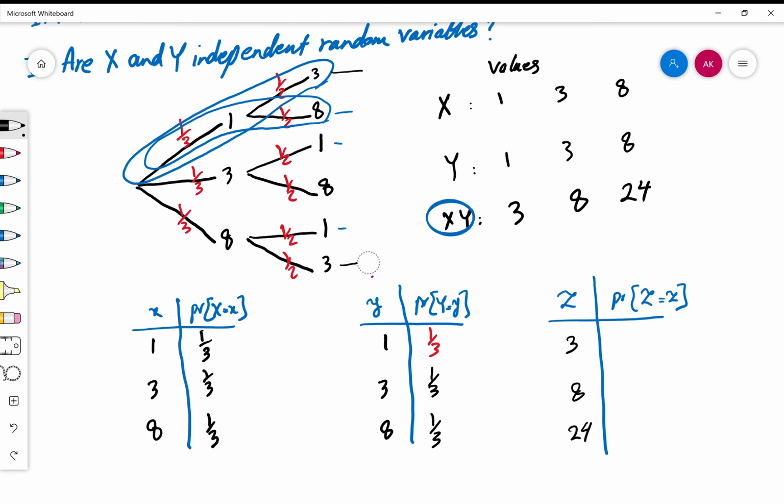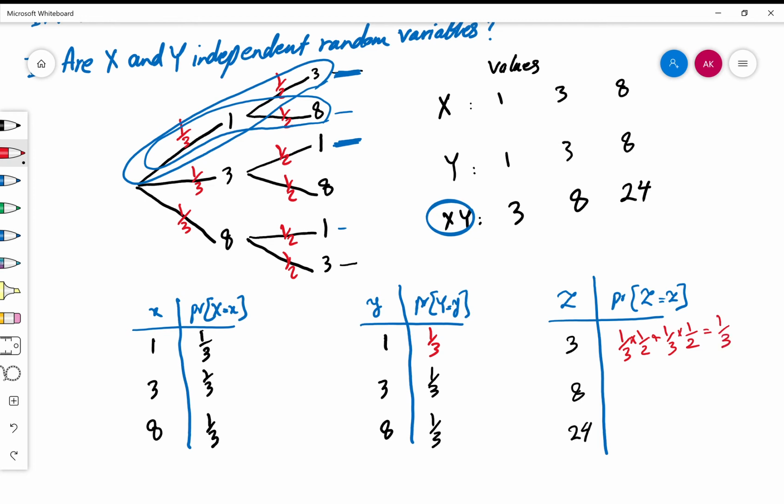To get a product equal to 3, I need either the branch 3 times 1 or the branch 1 times 3. The computation gives 1 over 3 times 1 over 2 plus 1 over 3 times 1 over 2, and that's 1 over 3.